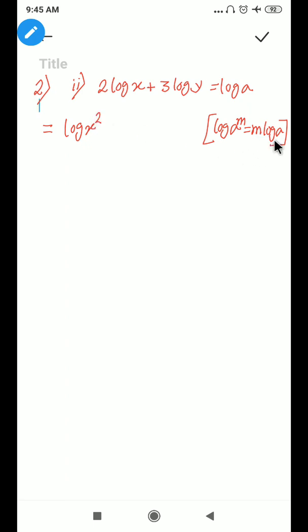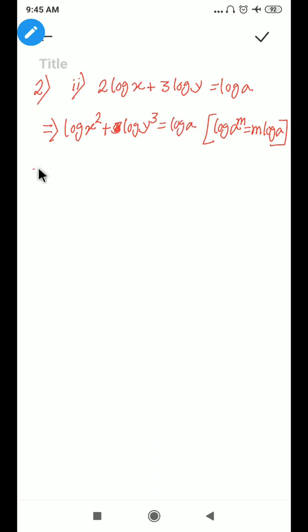This part is given, you have to go that way. In the similar way, here 3 log y is given, so you can write this one as log y cube is equal to log a.